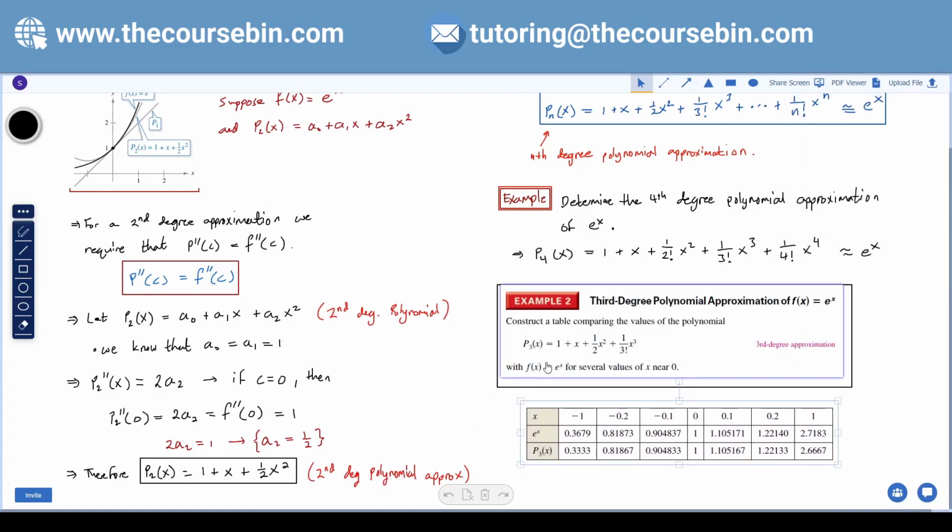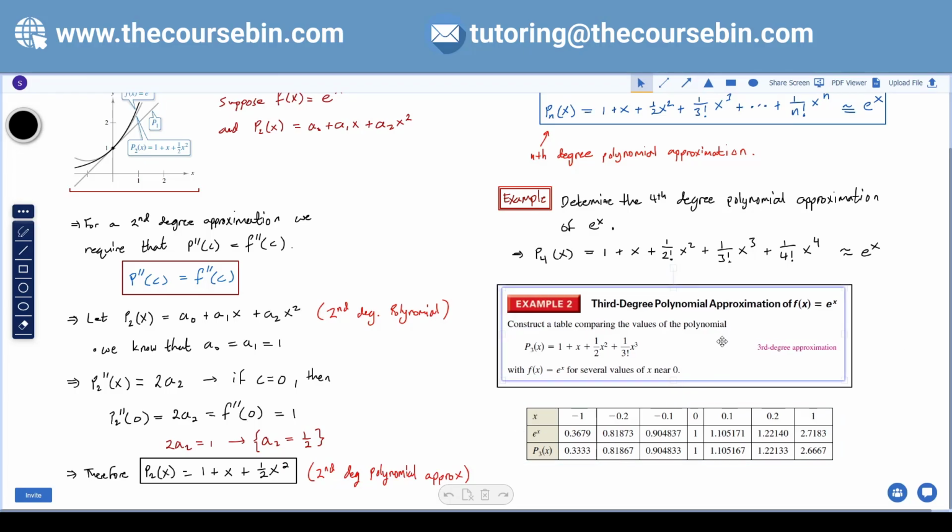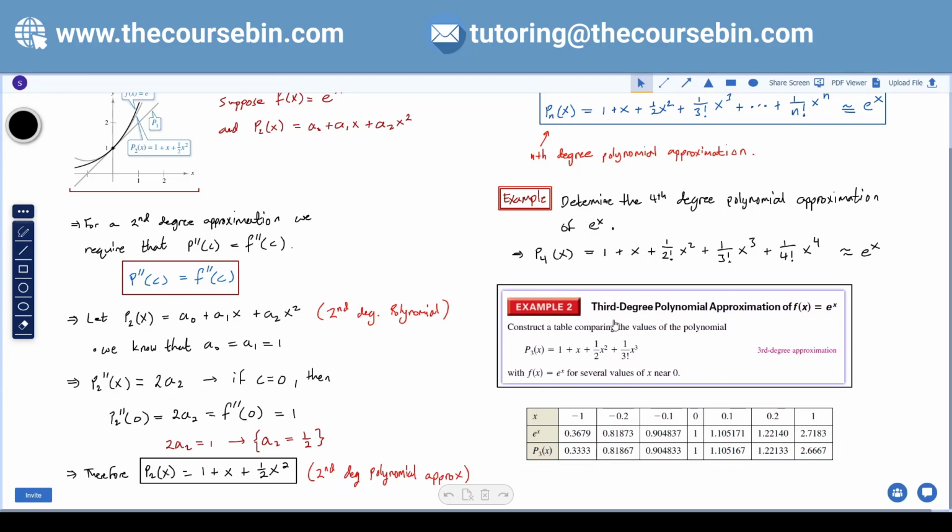Right. So for the example, it says to construct a table comparing the values of the polynomial P3. So this is a third degree polynomial, right? And we're comparing its values with f of x equals e to the power of x for several values of x near 0. So our c, our center, is 0.